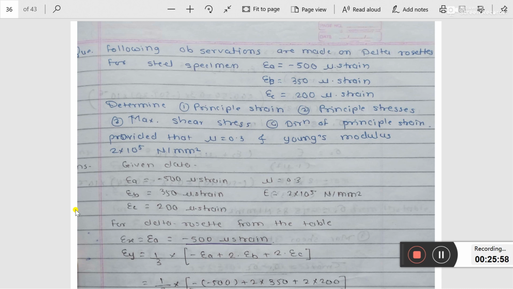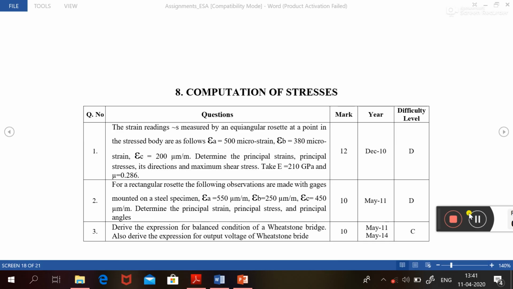Once those values are calculated, the remaining five formulas, that is principal strain, principal stresses, maximum shear strain, maximum shear stress and direction of principal strains, are common for all types of rosettes. So this is about the numericals based on the strain gauge rosettes.